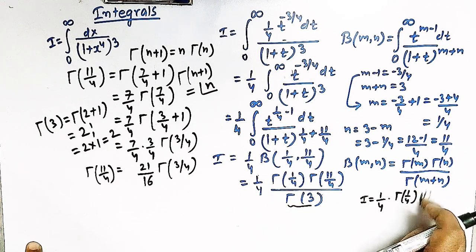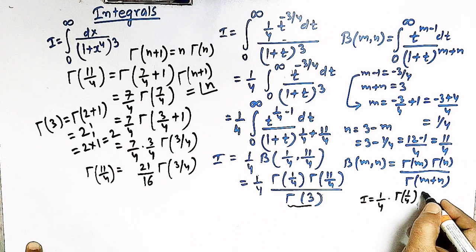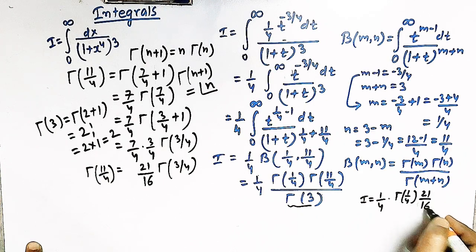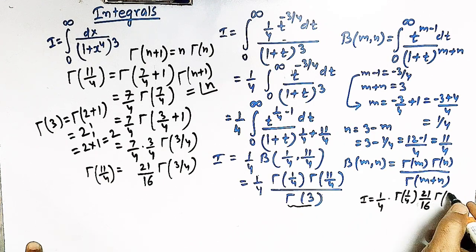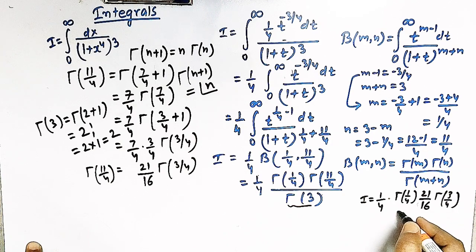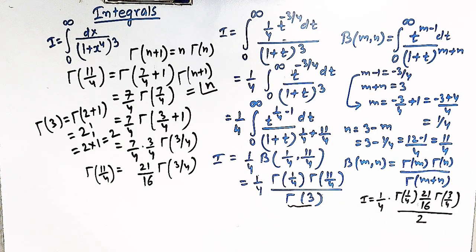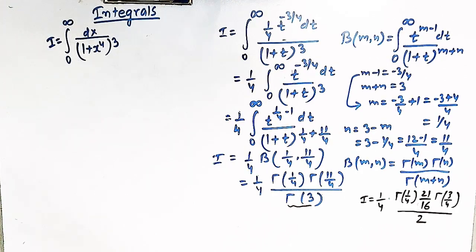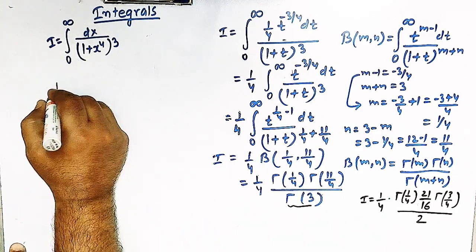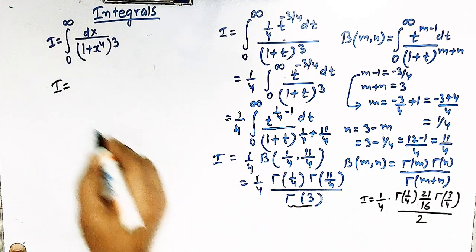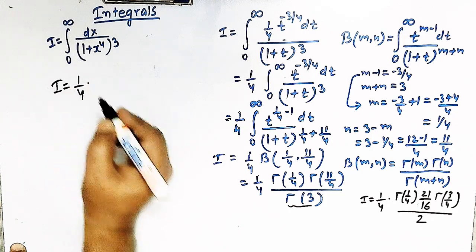Here we can now write 21 over 16, and gamma 3 over 4, and in the denominator we have 2. So now we can write the integral I as 1 over 4.